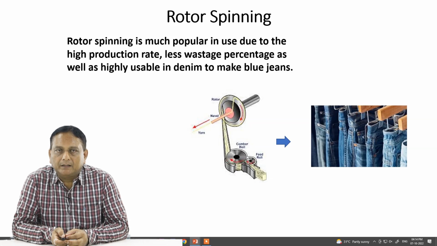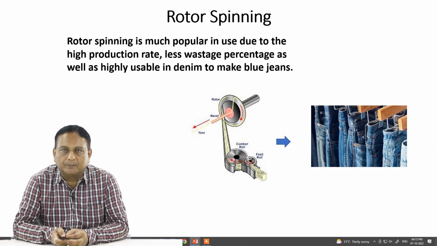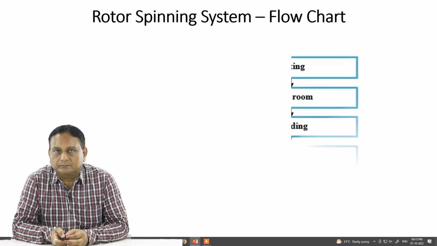High usable denim is produced to make blue jeans. Maximum jeans yarn is actually produced in the rotor spinning system because of the coarseness of the yarn. Now obviously, what is the flow chart of the rotor spinning system? Let us understand.